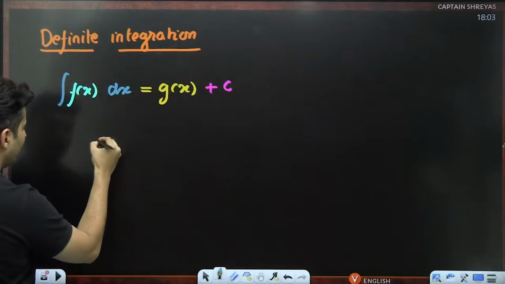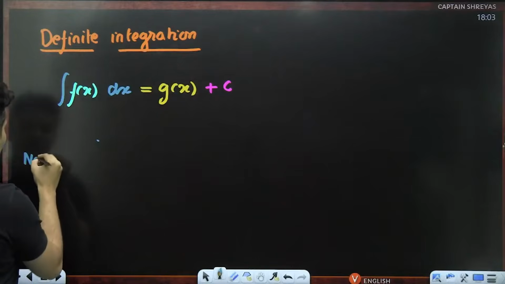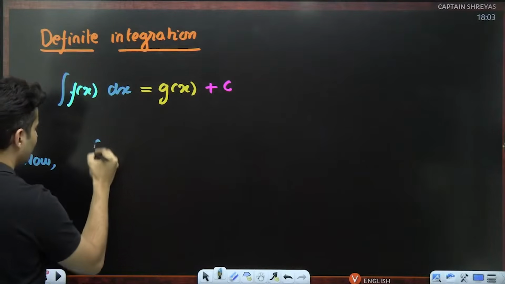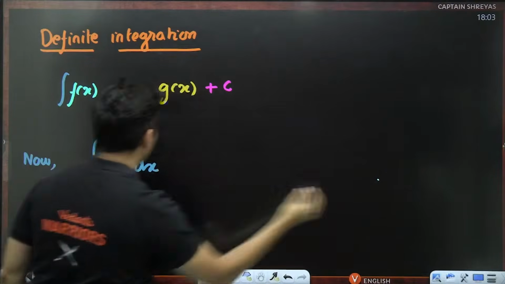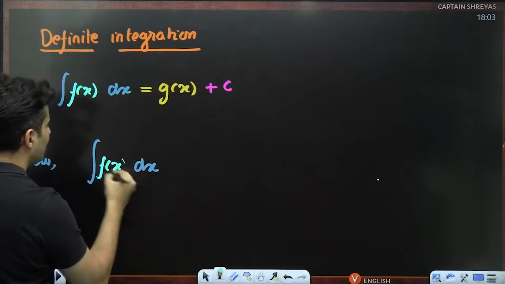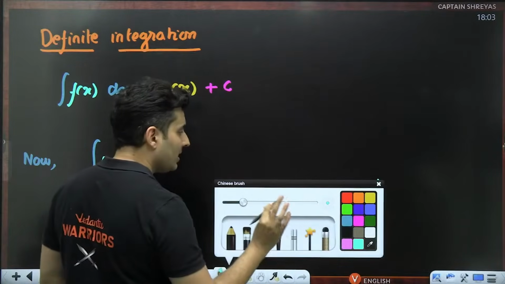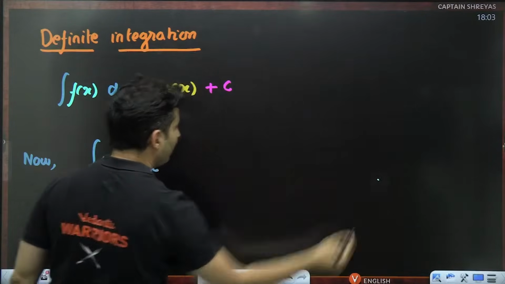This was the indefinite part. Now, in case of definite integration, you put the integral with respect to x of this particular function f of x. But this time you put some limits over here.